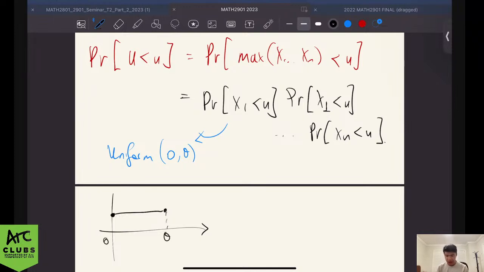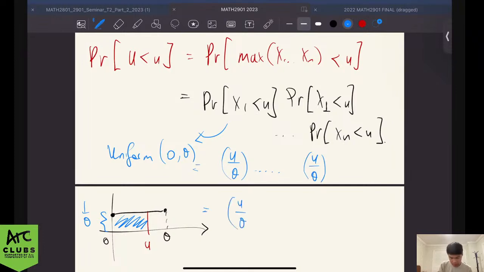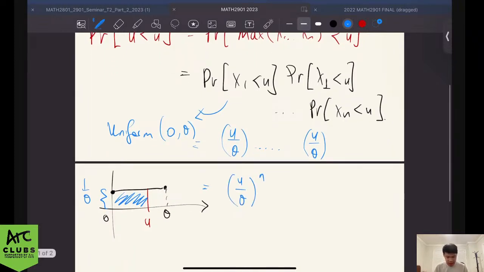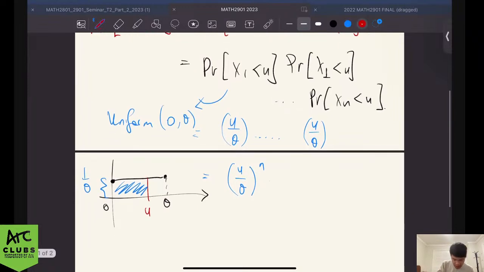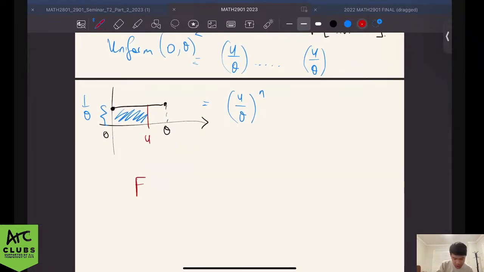So because the CDF is just the area under the curve, you can just calculate it as a rectangle, right? So this is x, or in this case u. Well, the height is going to be 1 on theta. So the total area up till u is just equal to u divided by theta. And so it's the product of n of these, which is equal to u on theta to the power of n.